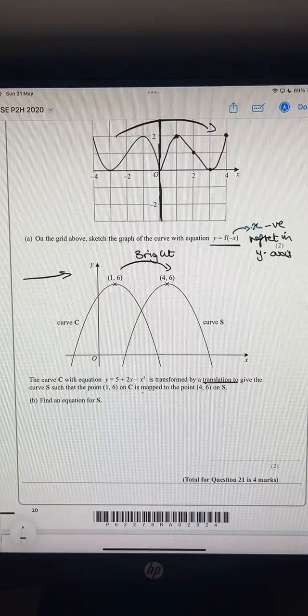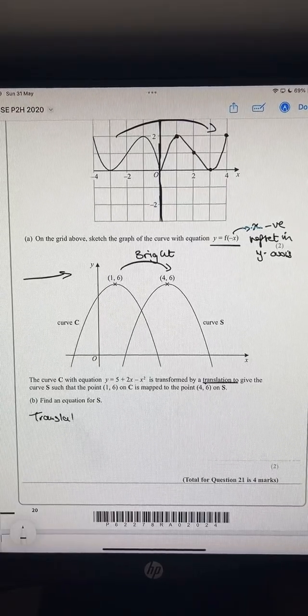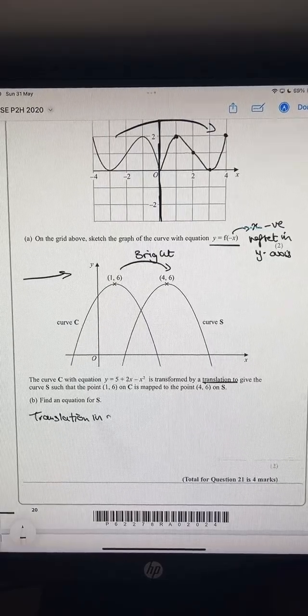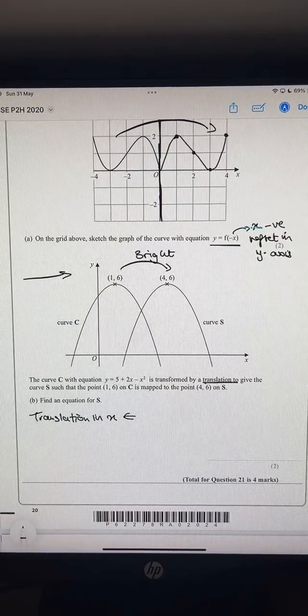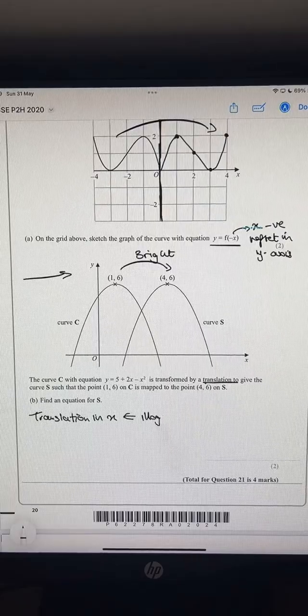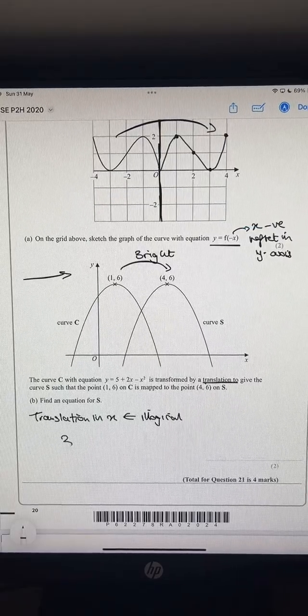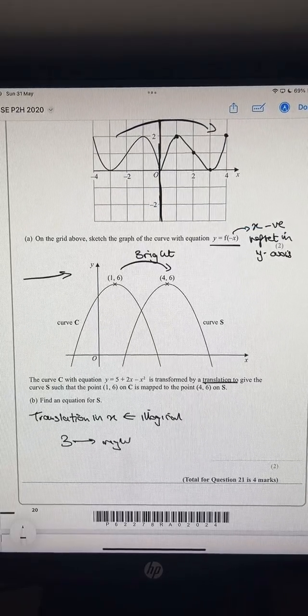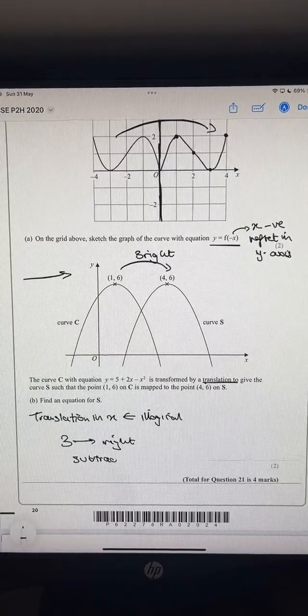So then we know that we're doing a translation in x. And we know that the x behaves funny, it's illogical. So if we want to move 3 to the right, instead of adding 3, you want to subtract 3 from x.